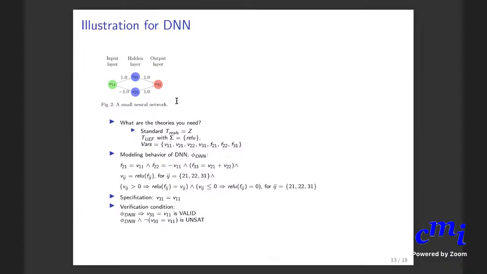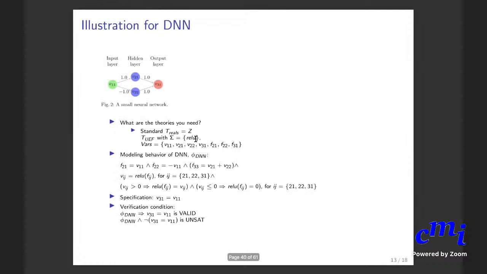All those are defined by the theory of reals. In this case, in particular, we have the theory of linear inequalities over terms of reals, the ReLU function, and equality. So this is the combination that I'm using.